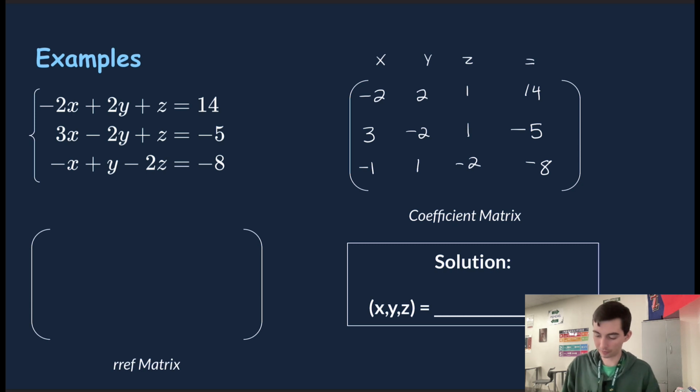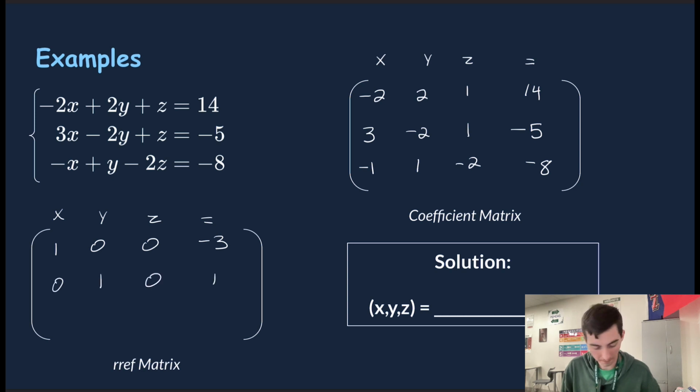So now let's write down what we found. We know my x, y, z, and equal. And this was 1, 0, 0, negative 3. Then we have 0, 1, 0, 1, and 0, 0, 1, positive 6. Okay? And now we can use this to find our solution. We want to write our solution as point x, y, z.